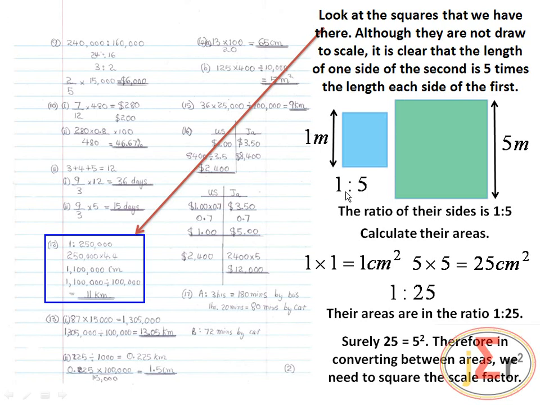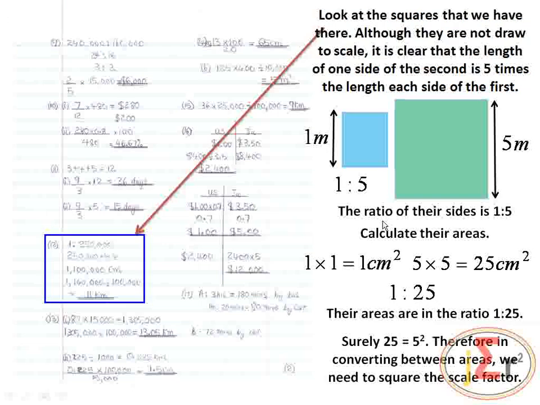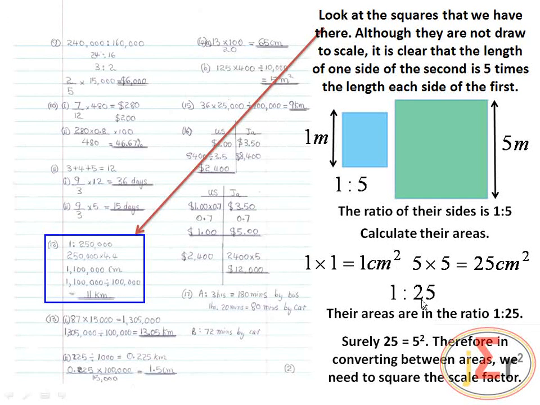Look at this scale factor, 1 to 5, and this one is 1 to 25. So square 1, we get 1. Square 5, we get 25. Therefore, when we are converting between areas on a map, we need to square the scale factor.